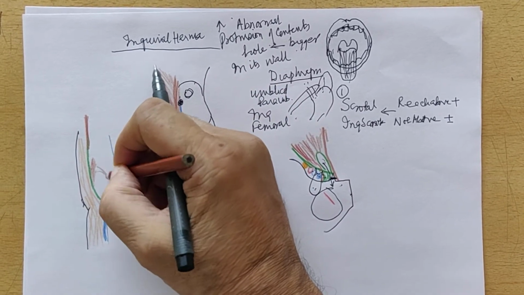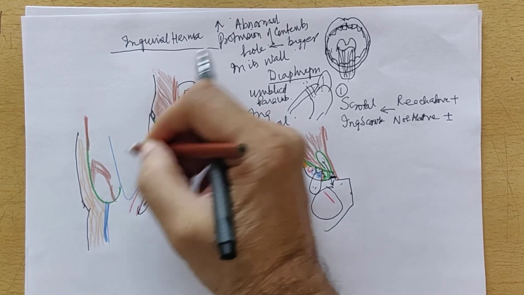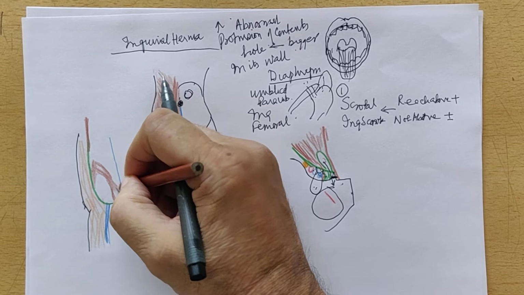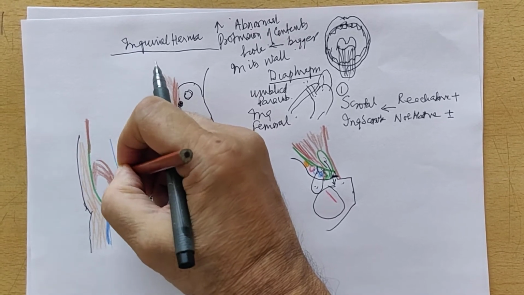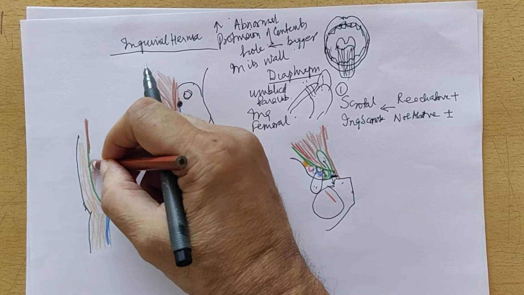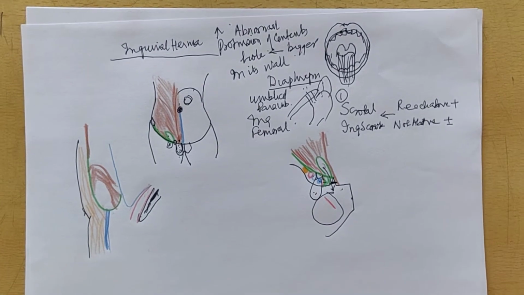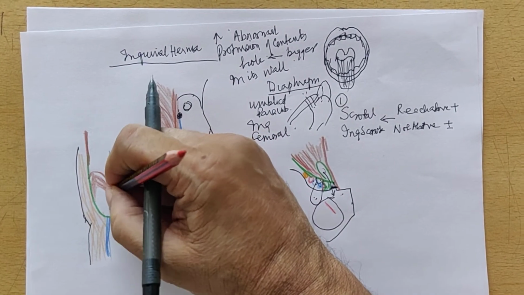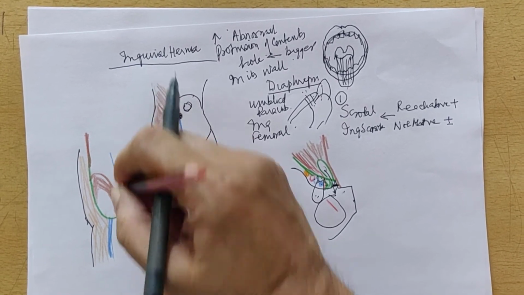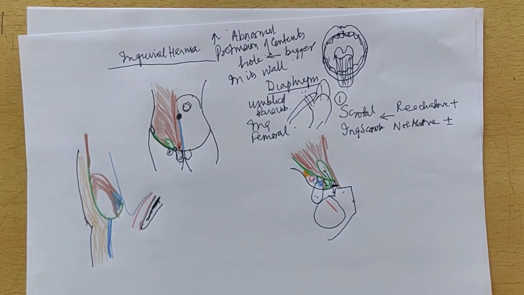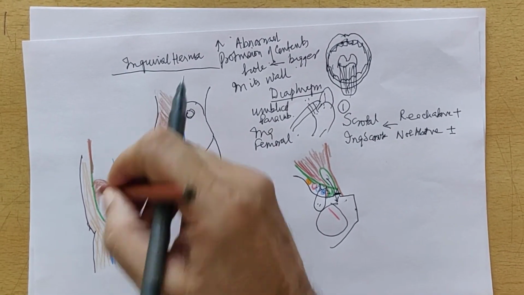They arch around the middle, and on the medial side they get attached to the pubic tubercle. There are two of them, the internal oblique and transversus abdominis, and they form a conjoint tendon which gets inserted into the pubic tubercle. So that's how this gutter is converted into a canal, which is the inguinal canal.